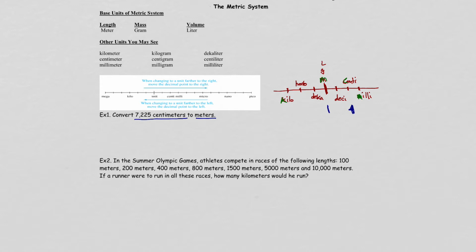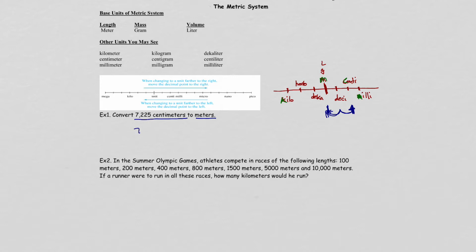How many units are you moving? You're moving from centi to the base, two units, to the left. So if you're moving two units to the left, what you're going to do with the number given is move your decimal two spaces to the left also.